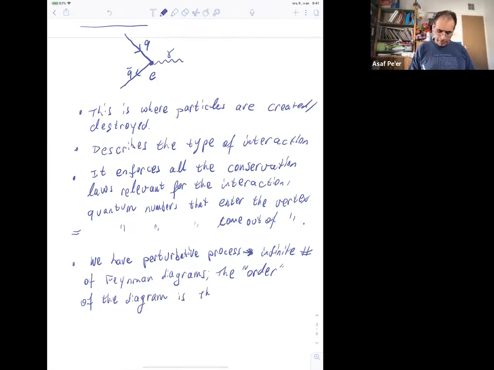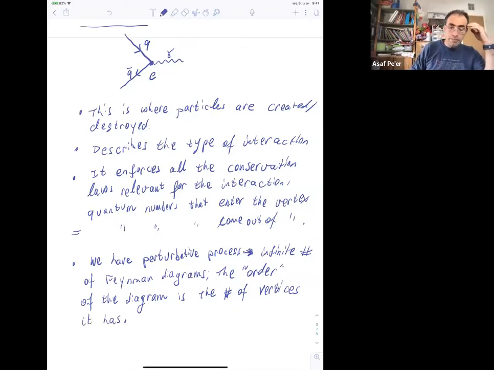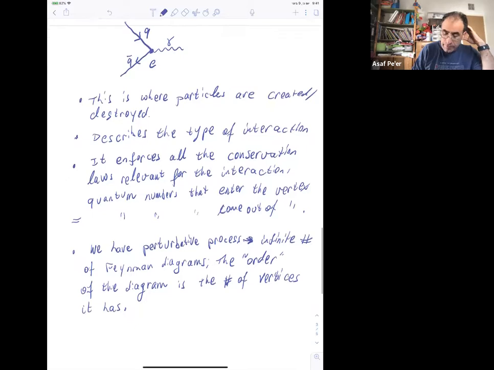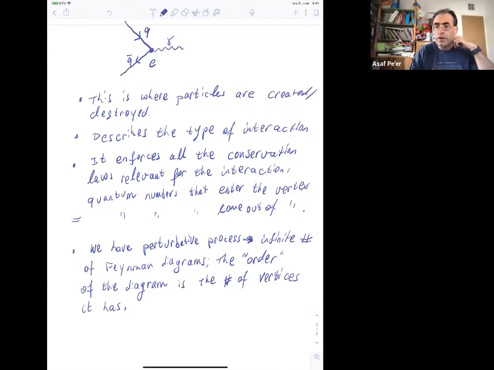So that's why we normally work with the simple Feynman diagrams with fewer vertices.